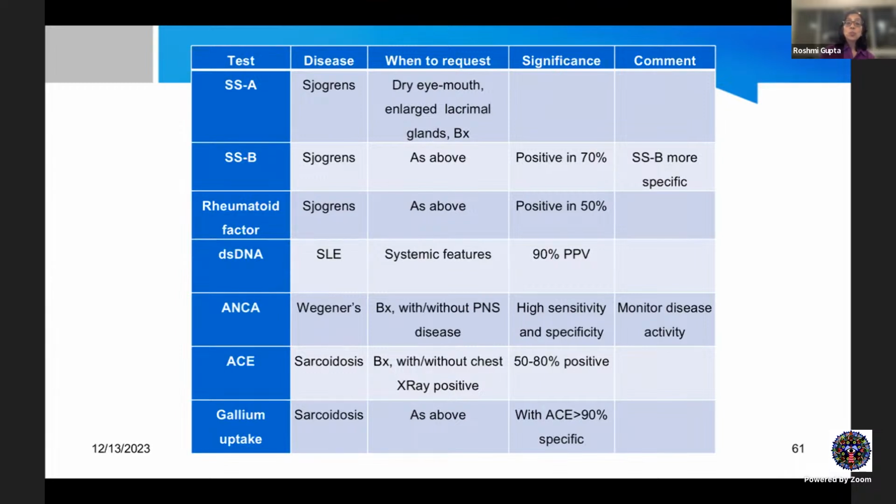So make sure the communication is good. We ask for ACE after a biopsy shows a granulomatous inflammation, with or without a positive chest imaging. And it may be positive in 50 to 80% of patients.